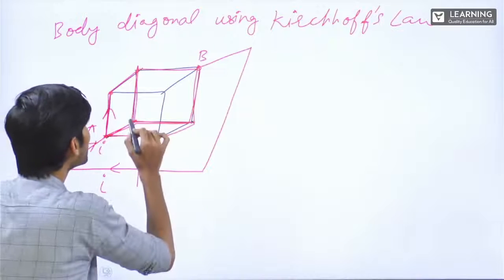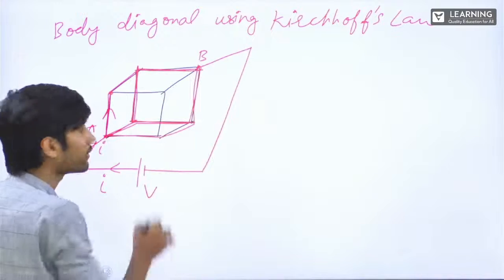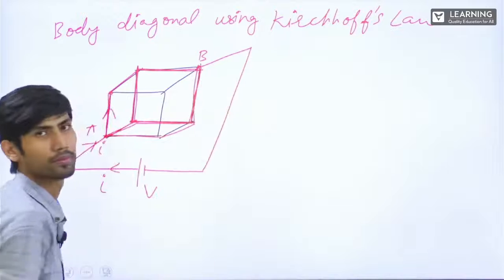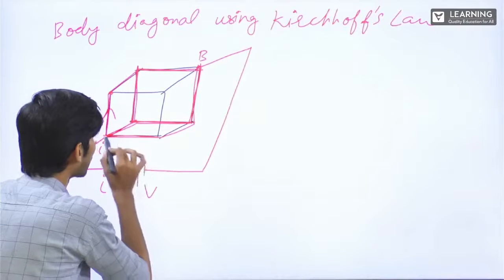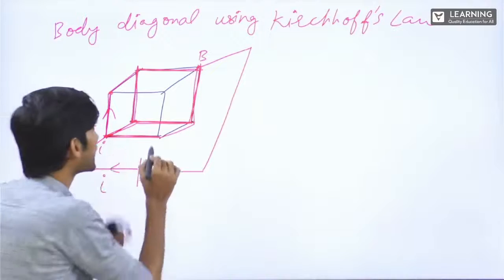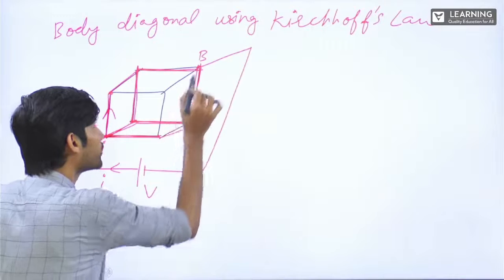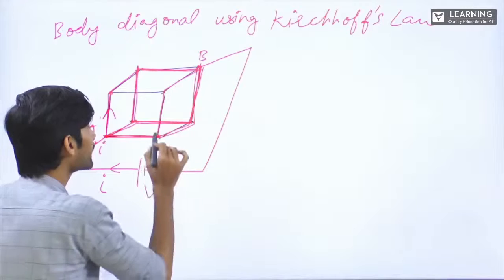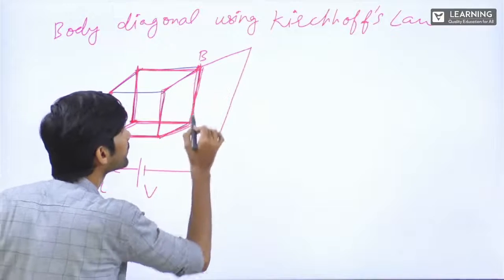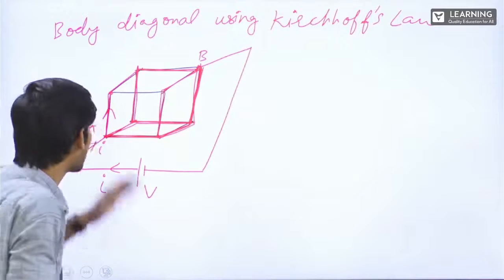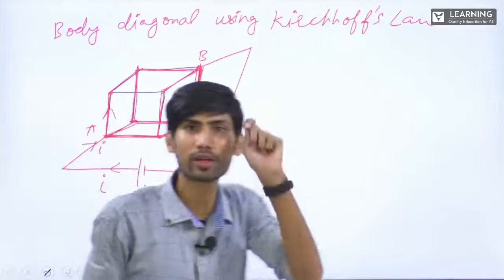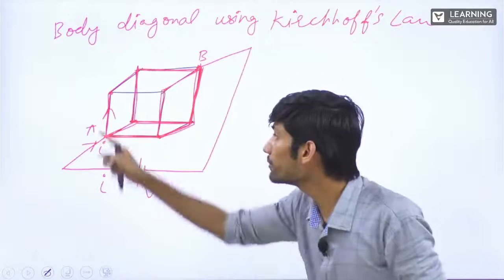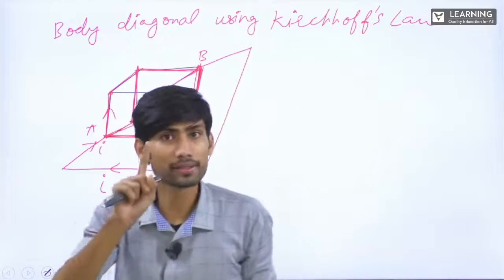But to reach B, if I take this road, again 2 I have to travel. If I take this, again 2 I have to travel. From here, if I go, I am standing here. If I have to reach B, I can travel this also, I can travel this also, but both are again same for me because here also 2 roads I have to travel, here also 2 roads I have to travel. If I go at any path, the current has to travel the same distance. So current will distribute equally. That is the main thing.